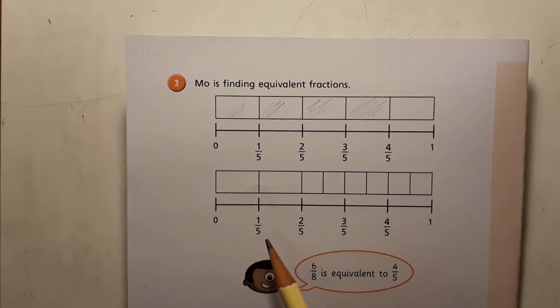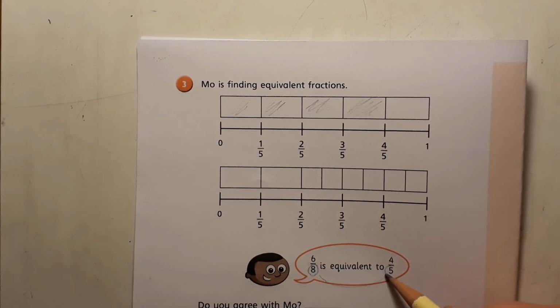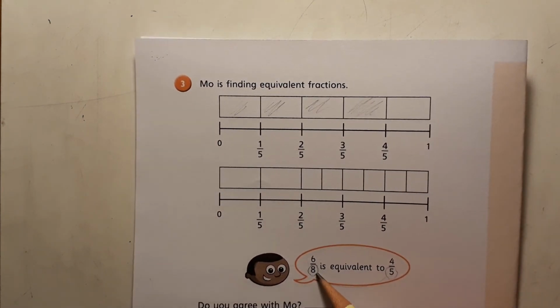I can see that we cannot multiply or divide 8 to be a factor with 5.